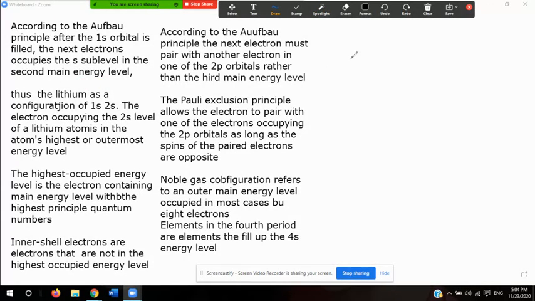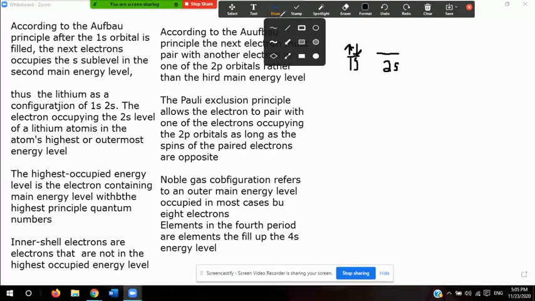Basically, if I have an element whose 1s orbital is filled up, remember that the electrons are represented, in orbital notation, by arrows, and they have to have opposite spins. So if this energy level is occupied, the electrons now have to go to the 2s orbital. That's what the Aufbau principle is stating.